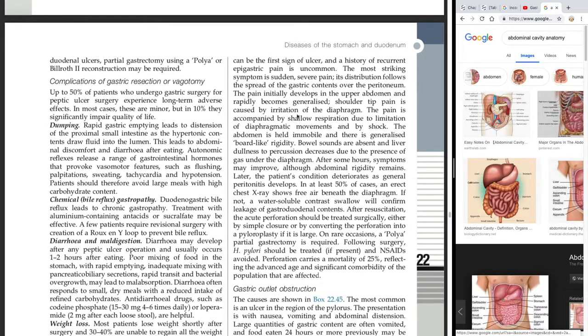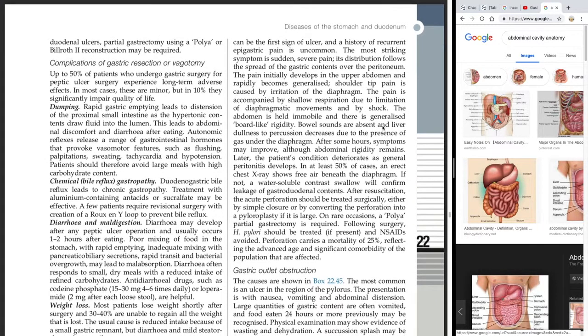Okay. The pain is accompanied by shallow respiration due to limitation of diaphragmatic movements and by shock. The abdomen is held immobile and there is generalized board-like rigidity.